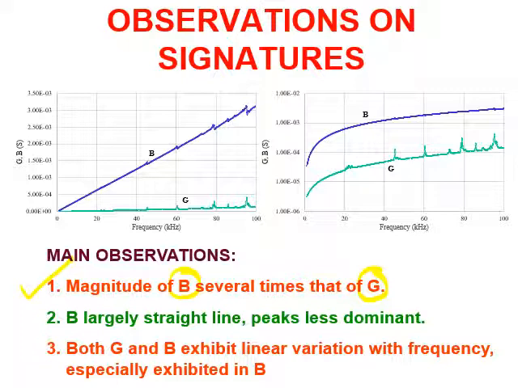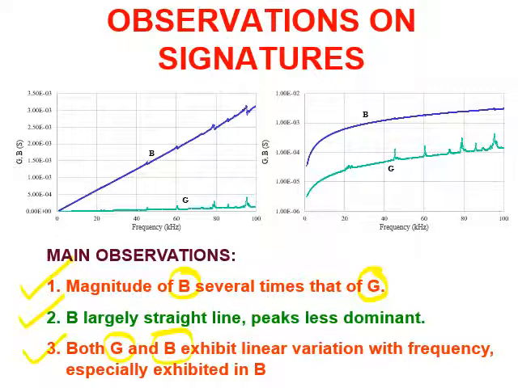It is more clear from the log scale plot. So the imaginary part is largely a straight line, peaks are less dominant. And number 3, both the real part G and the imaginary part B exhibit linear variation with frequency, and more so in the case of the imaginary part B.